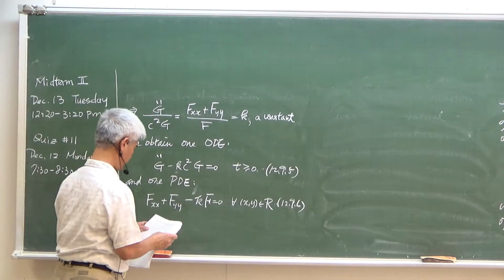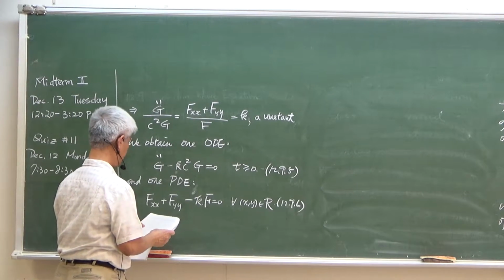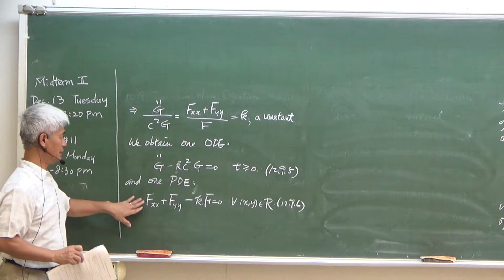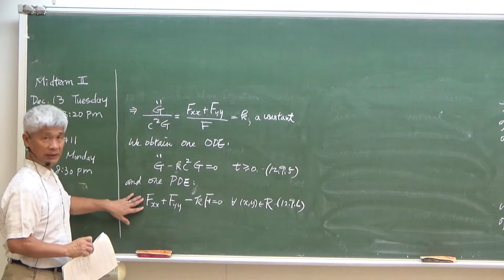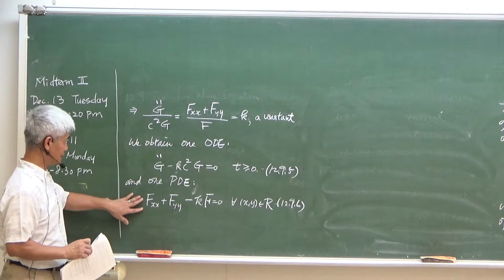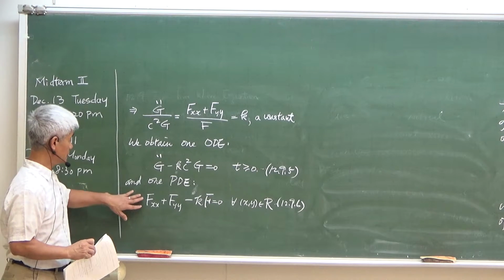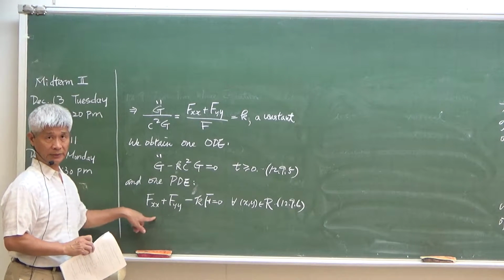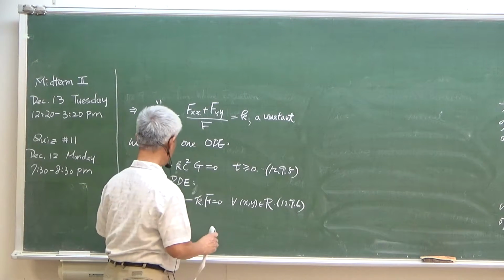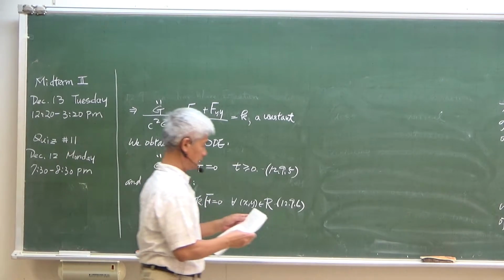And as we know, this second order PDE is a linear elliptic PDE. This is the elliptic type, and already in the normal form.